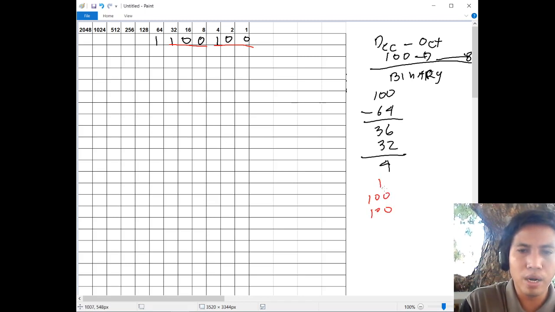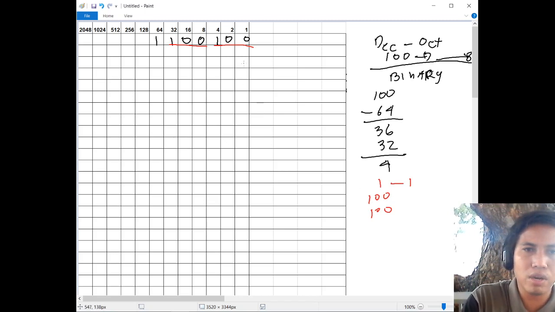Take note, 1 binary is equal to 1 decimal, or 001. So that is equivalent to 1. Then 100 is equivalent to 4, and another 4.